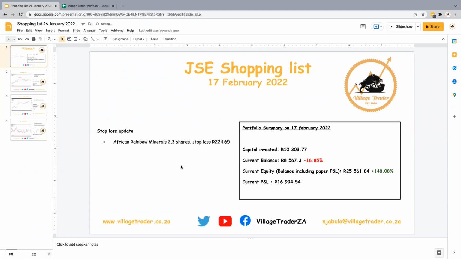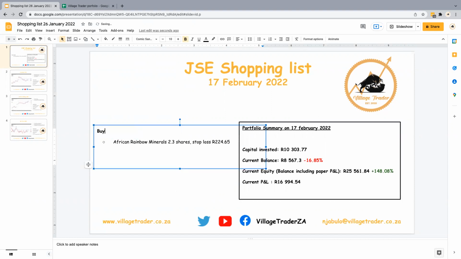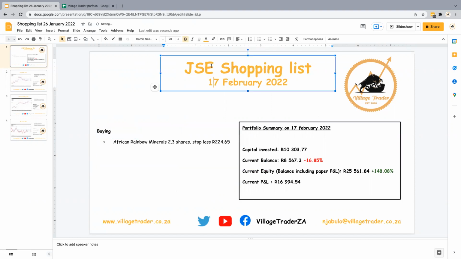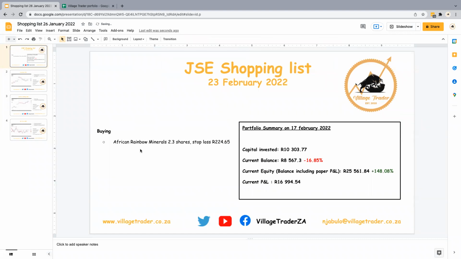So now I know when the market opens at 10 past 9, this is supposed to be buying. And today's date, which is the 23rd. Now I know when the market opens at 10 past 9, I'm just pulling the trigger. I'm not planning anything. I'm just pulling the trigger and going back to work.